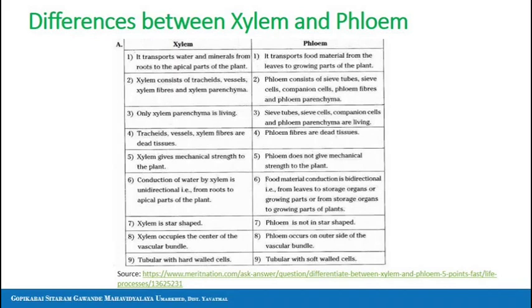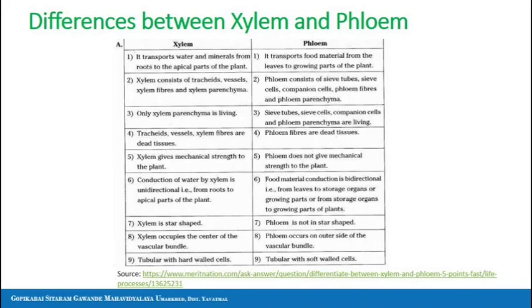Conduction of water by xylem is unidirectional, that is from root to apical part of the plant, but the conduction of food material is bidirectional with the help of phloem, that is from leaves to the storage organs or growing part, or from the storage organ to the growing part of the plant. So this xylem is star shaped while phloem is not star shaped.